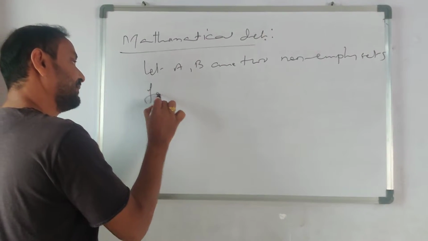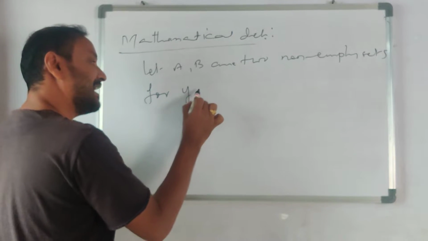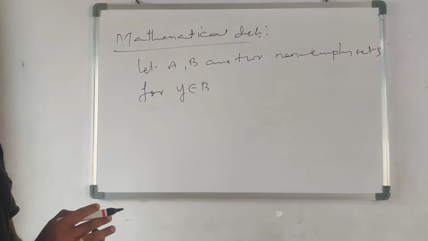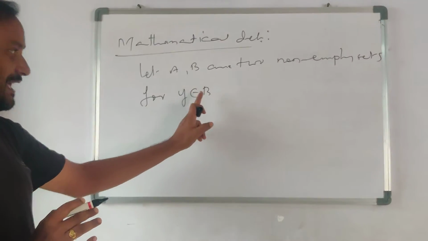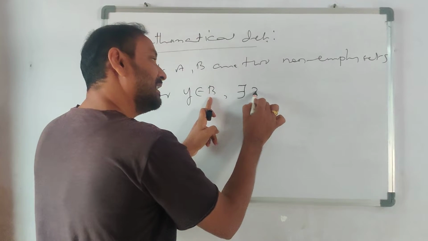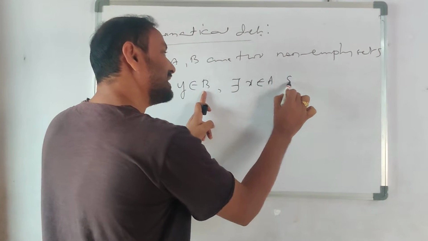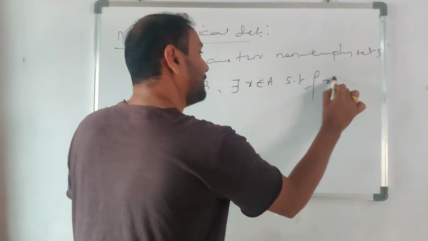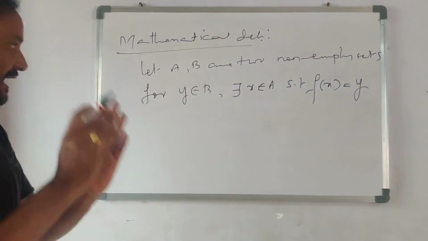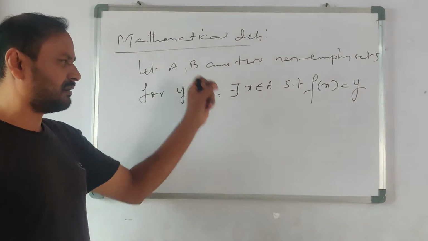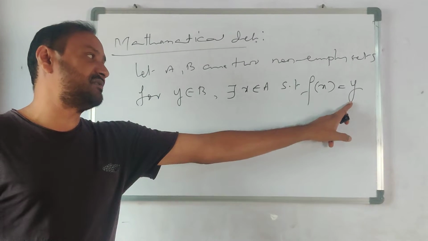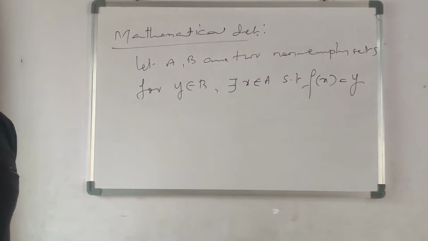For y belongs to B, take one element in B, the codomain first. For that codomain element, there exists x belongs to A such that f of x equals y. That means when you take one element in B, there compulsorily exists one element in A such that f of x equal to y. This is the mathematical definition.